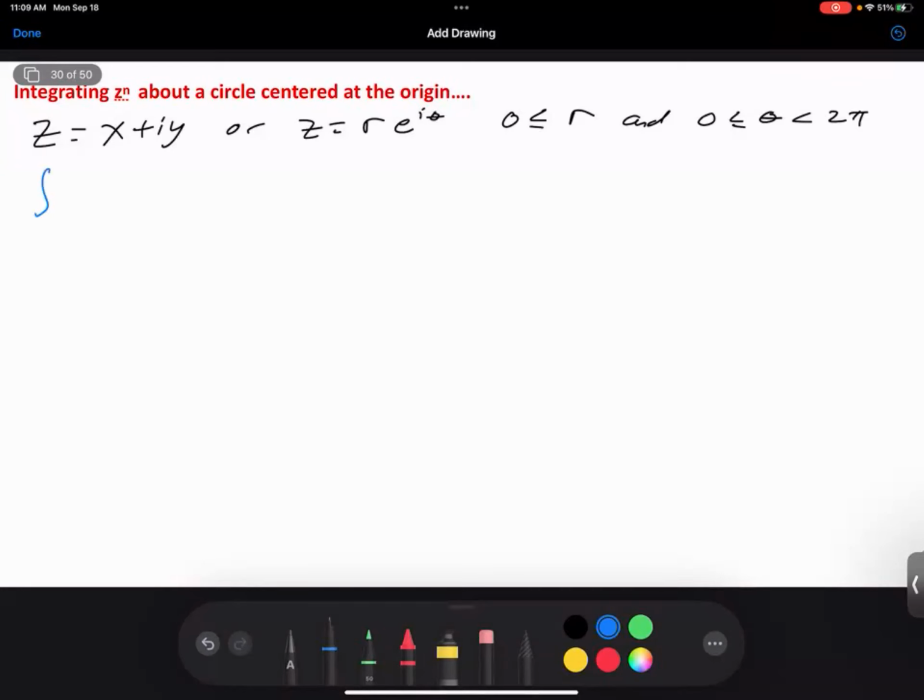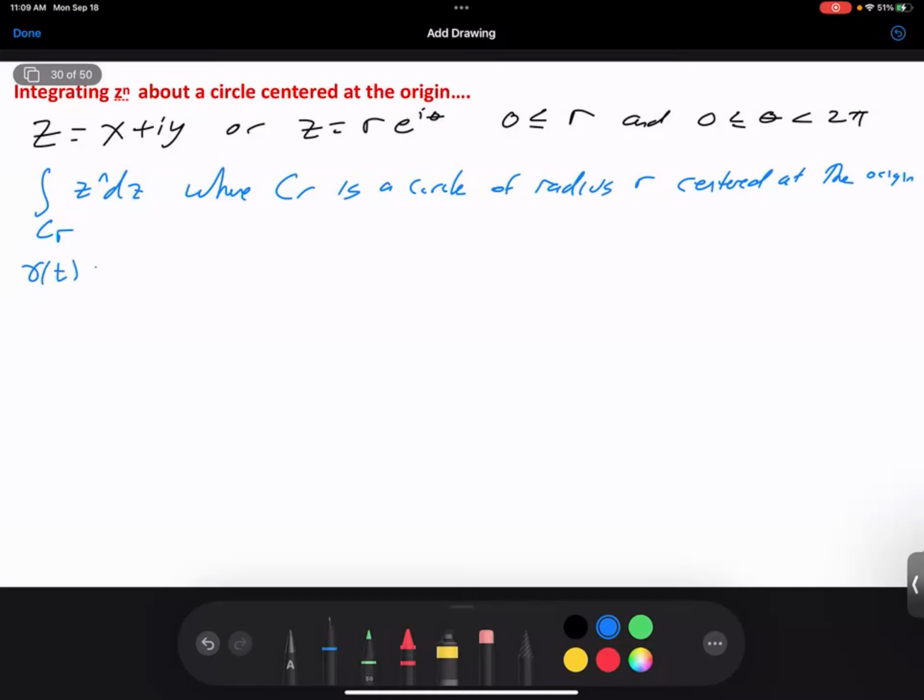So let's look at the integral about c sub r of the function z to the n dz, where c sub r is a circle of radius r centered at the origin. So we can parameterize our curve. If we want gamma of t, it would just be r e to the it, or r cosine t, r sine t, if you want to look at it as something in 2 dimensions.